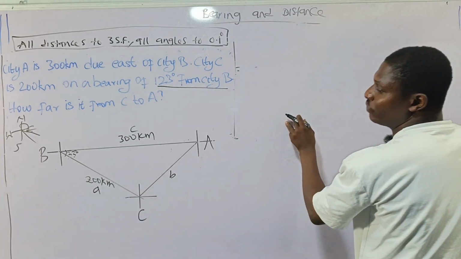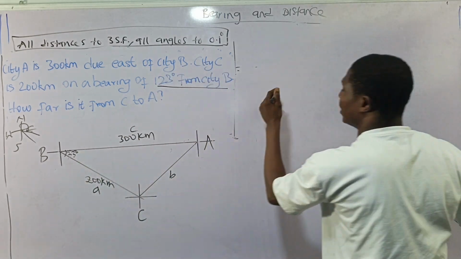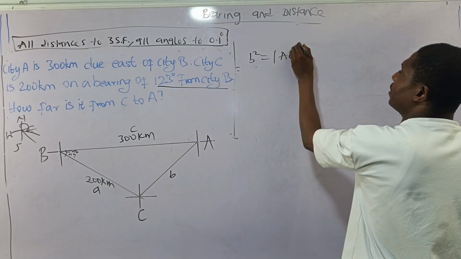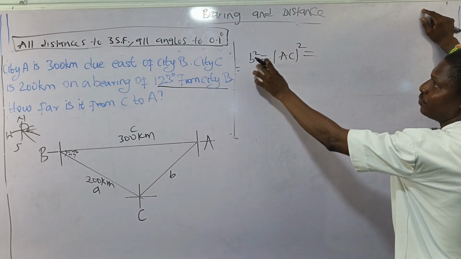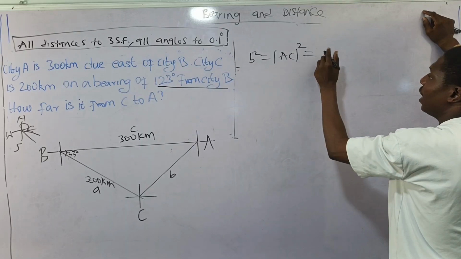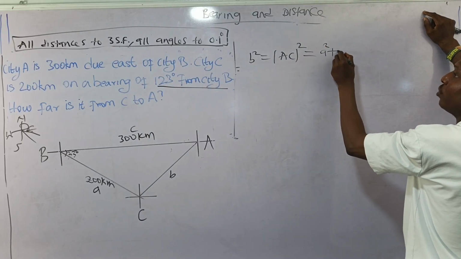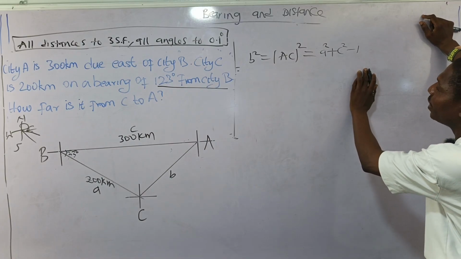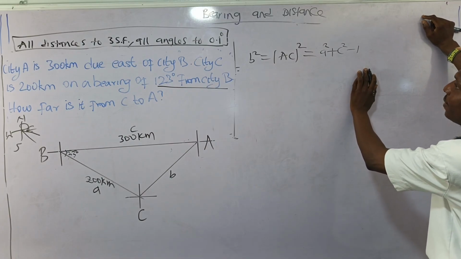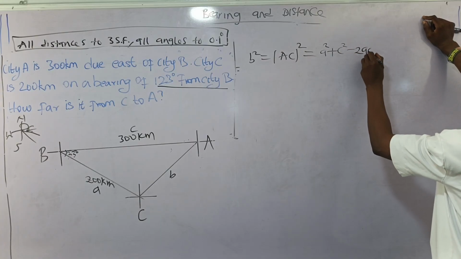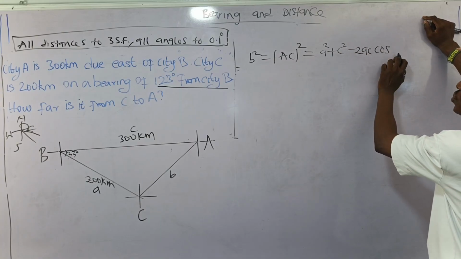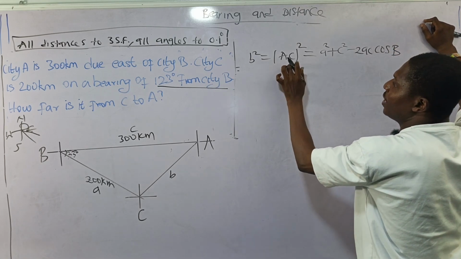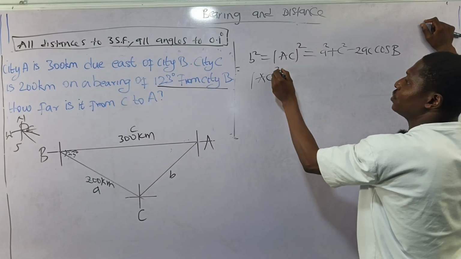So I have two sides and an included angle, so I'll use the cosine rule. My b squared, which equals AC squared, is equal to, now I'm using B to get my values easily, a squared plus c squared minus 2ac cos capital B. Now, I'm not using this because I'm asked for the distance AC.